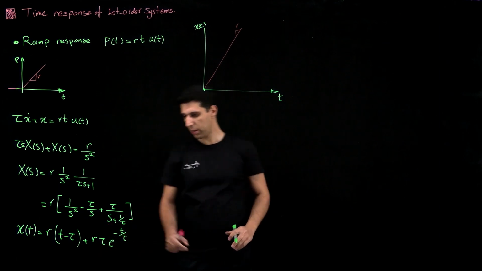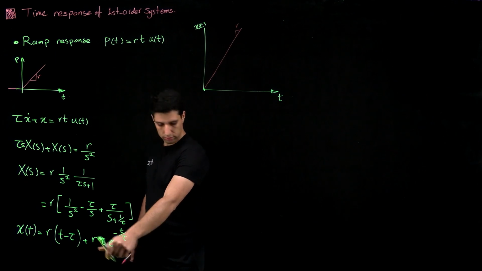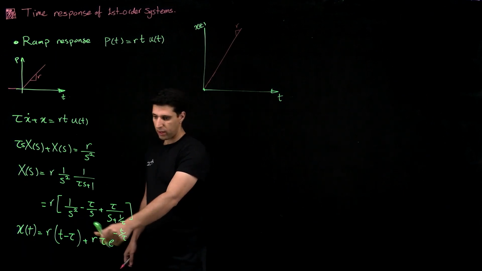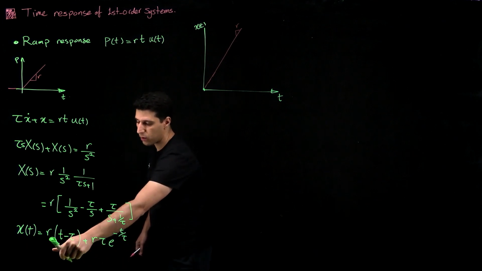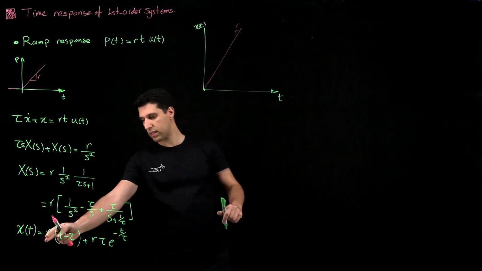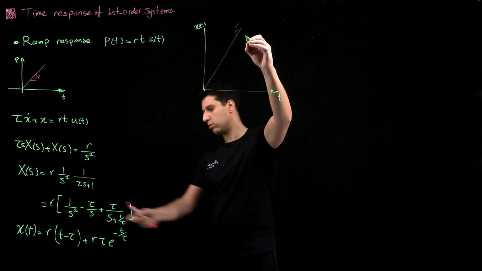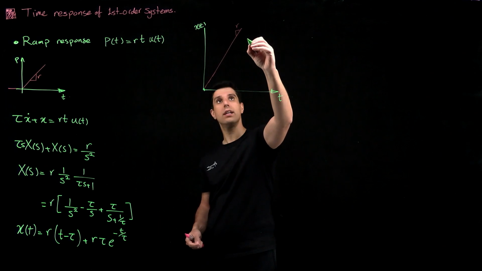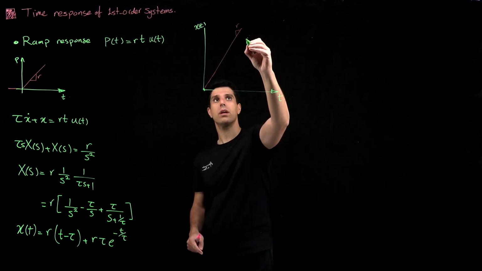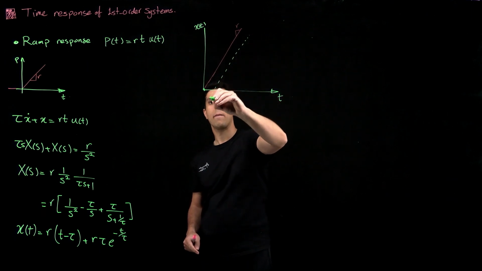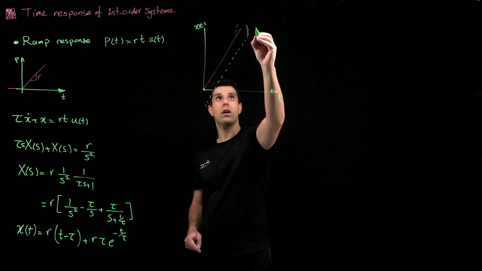So originally, I have some value that is, well, look at this one first. It is a function that is parallel to, it's the same slope, RT, but it has a negative y-intercept, so it's something like this. And this distance is r tau.